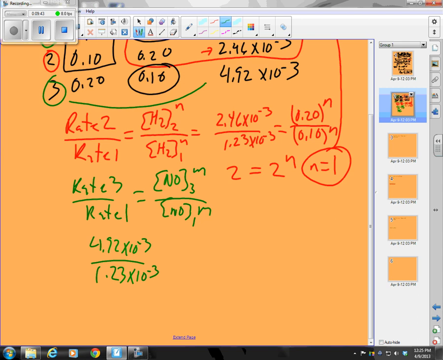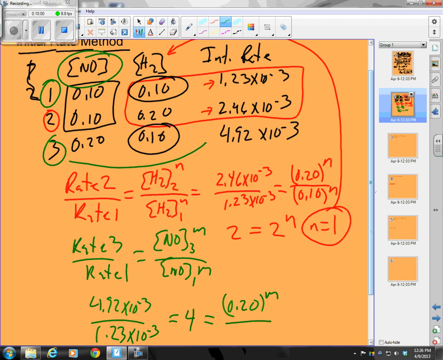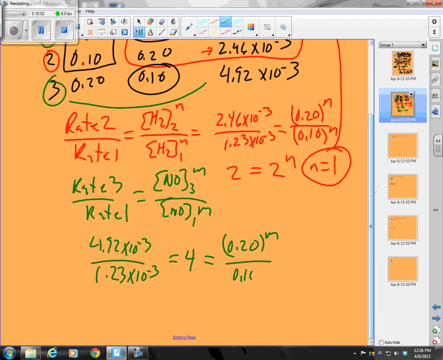I get 4.92 divided by 1.23, and this is equal to 4, and that's equal to 0.20 to the M over 0.10 to the M, which is equal to 2 to the M. So M has to be equal to what? M is equal to 2.